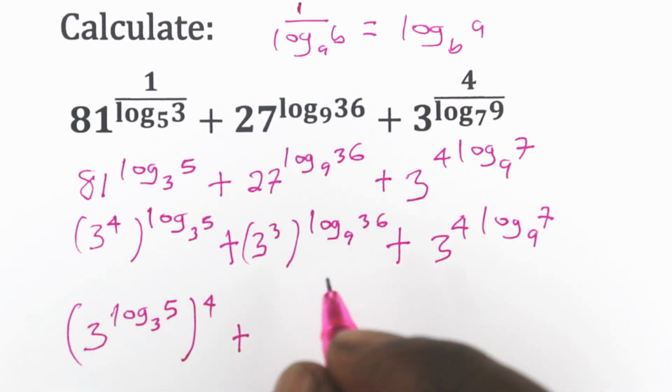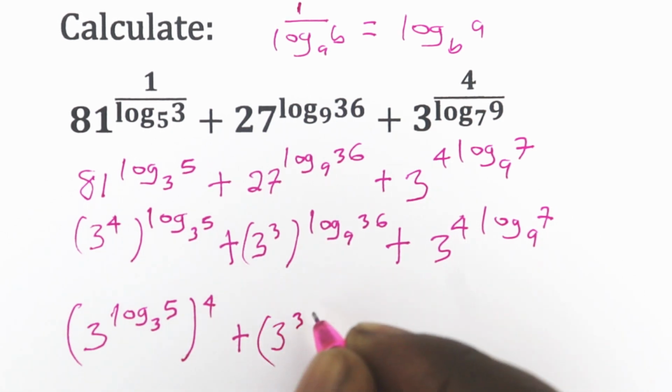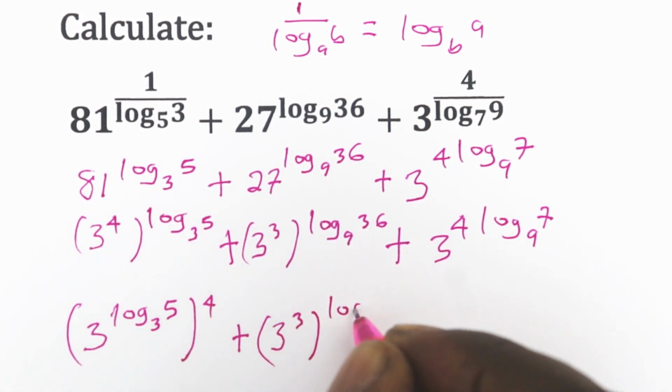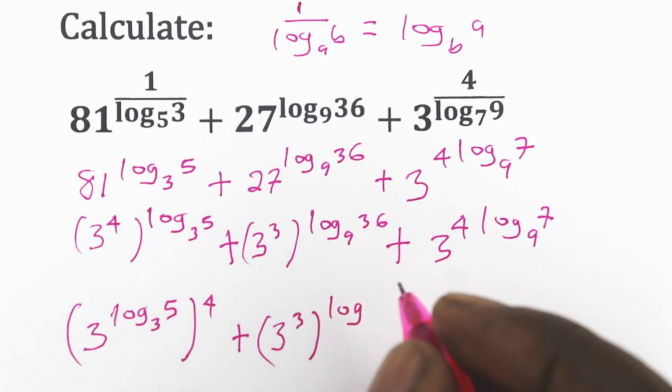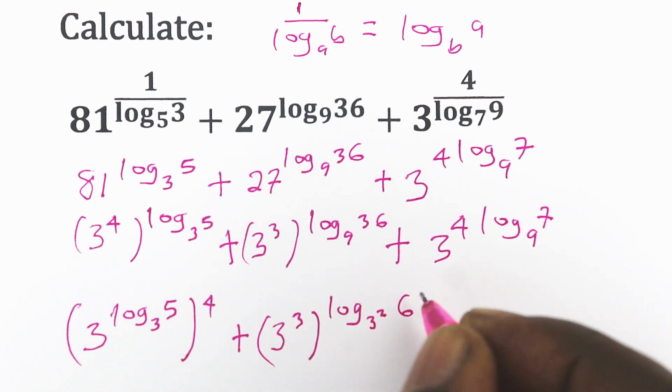So we're going to have 3 raised to power 3 raised to log to base 9, which we can write as 3 squared, and 36 you can write as 6 squared.